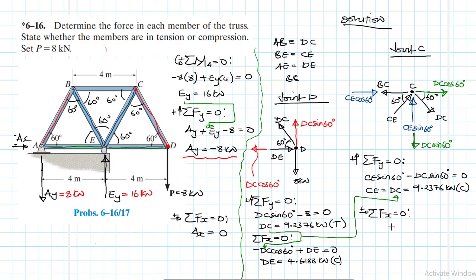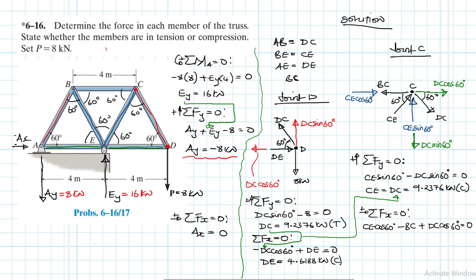What do we have in the x direction? In the x direction, we have CE cos 60. What else? We have minus BC. What else? We have plus DC cos 60 equal to 0.